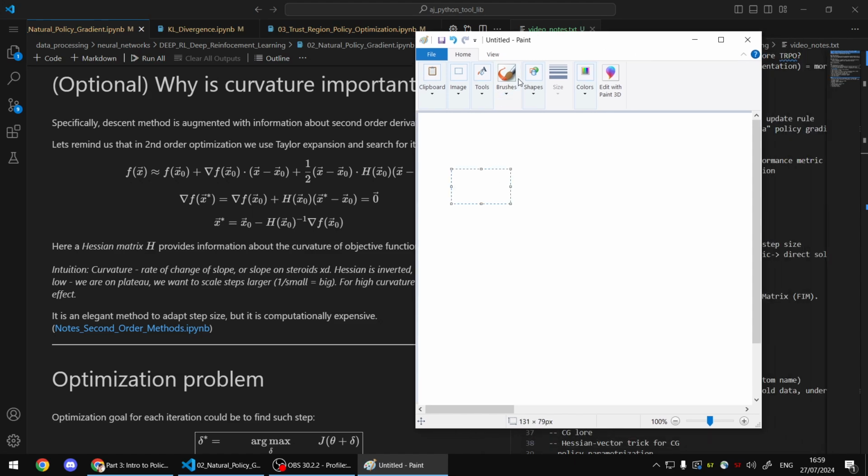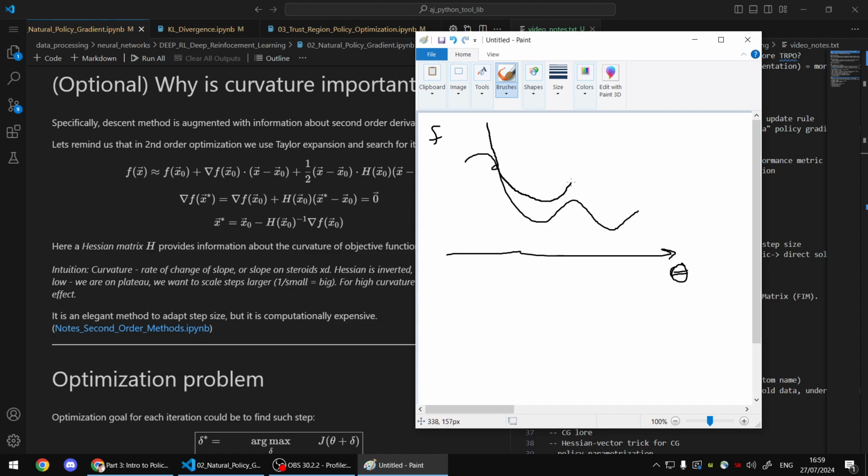But when this function is not quadratic, you can imagine here's some kind of function, at least an objective function with respect to a parameter, and we want to minimize it. In first order we move down the slope against the gradient, but in this case the method says we construct a paraboloid.